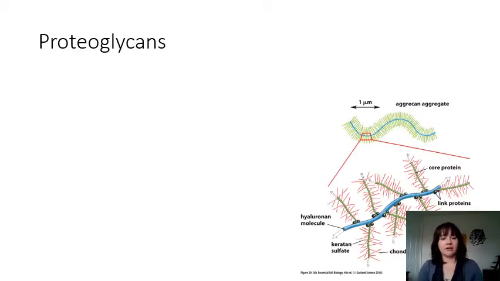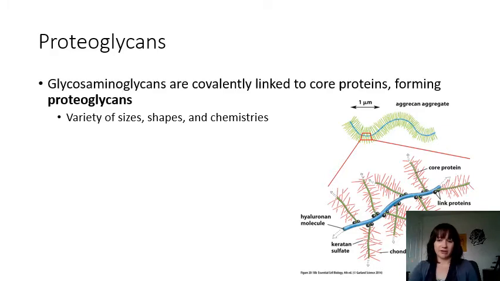Now these sugar chains, these glycosaminoglycans, are further organized into a larger structure called a proteoglycan. And so proteoglycans: proteo, protein; glycan, sugar. These are much larger structures. So the previous amino sugar chain that we saw in this drawing is represented as a red line.